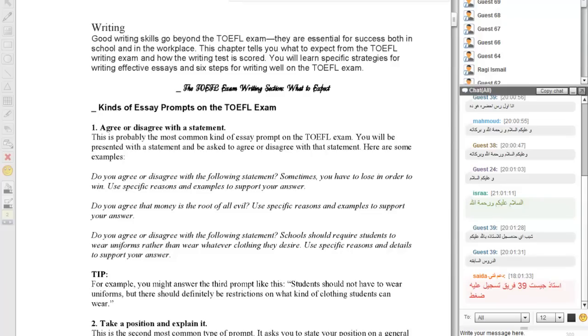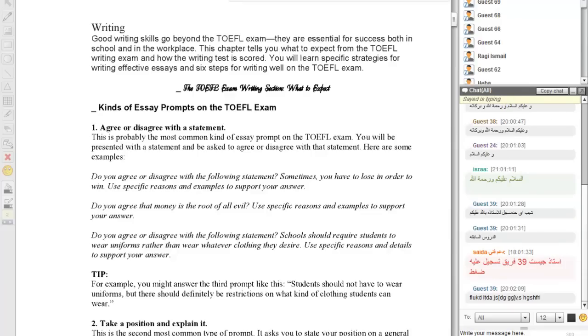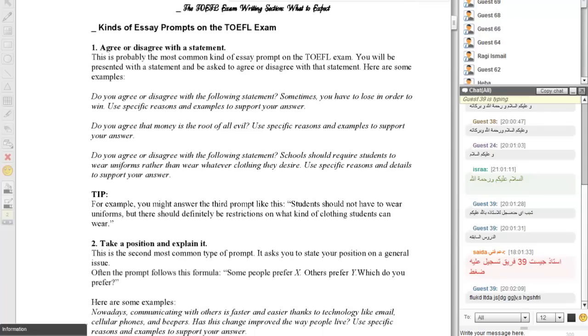Why? In the first place, this is the only link between you and your tester or your examiner.